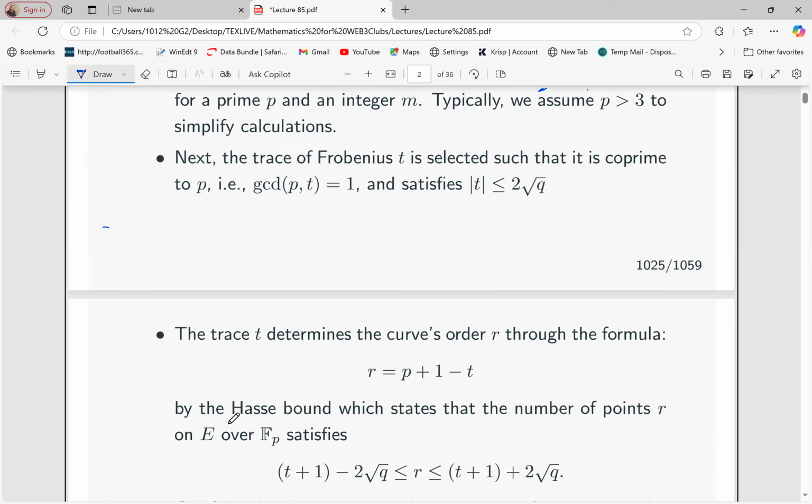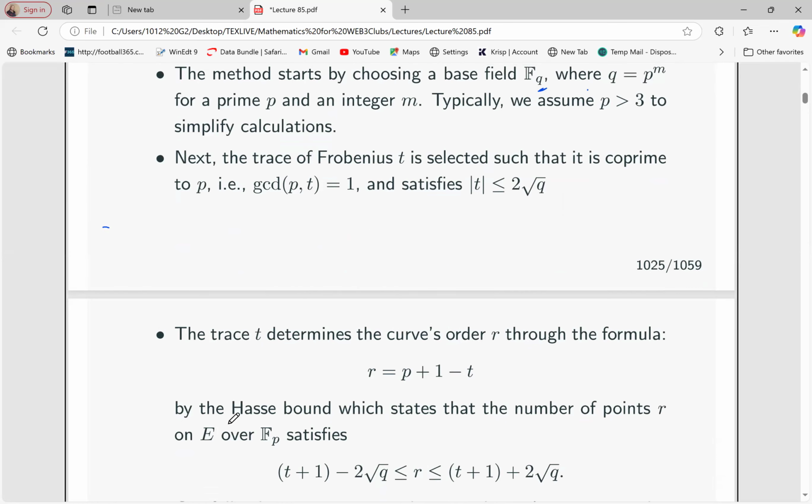Now, I talked about Hasse bound last time. Hasse bound tells us that the number of points of the elliptic curve, and let's call the number of points R, must be in the range p plus 1 minus t, then again, this side, p plus 1, then plus t.